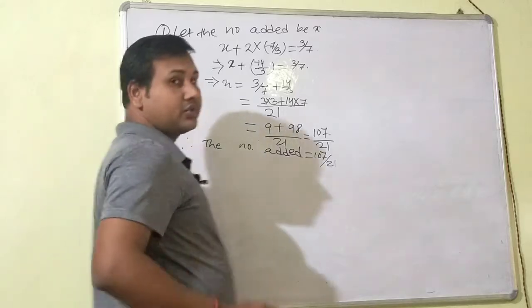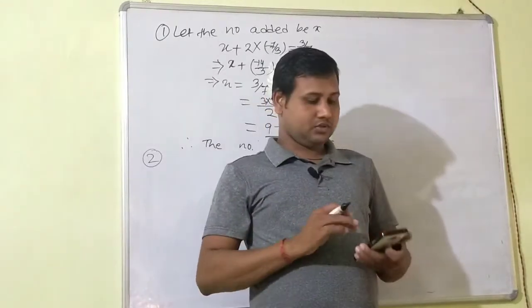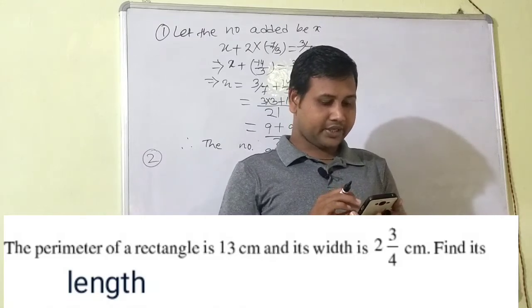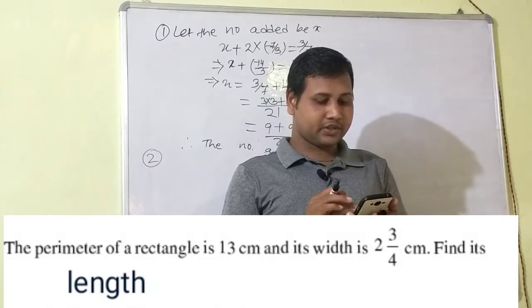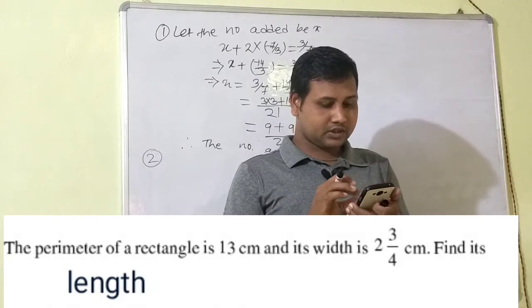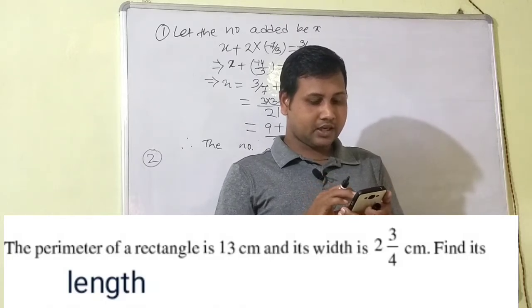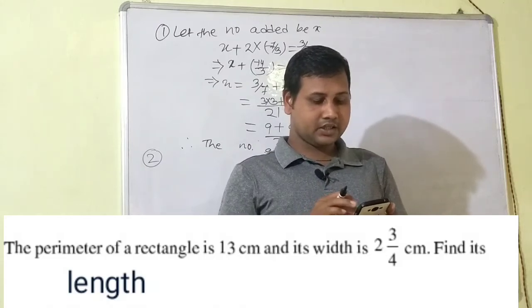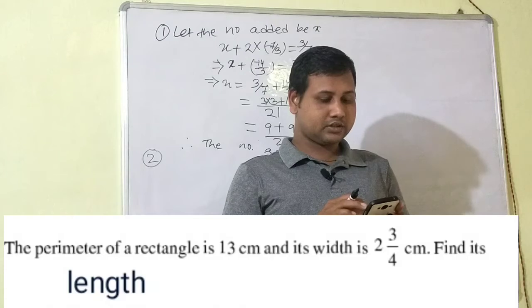Now come to question number 2. It says the perimeter of a rectangle is 13 centimeter and its breadth is 2 whole 3 by 4 centimeter. Find its length.